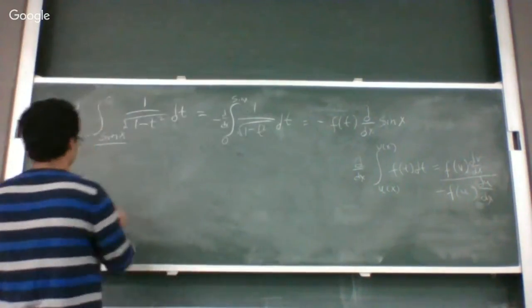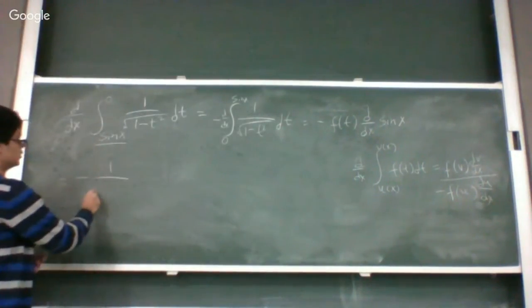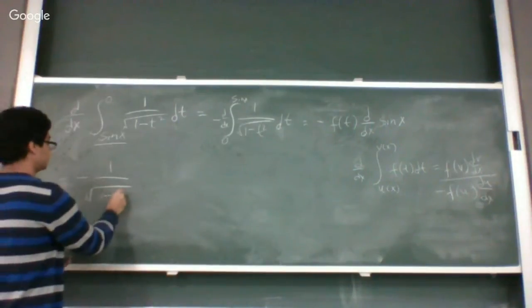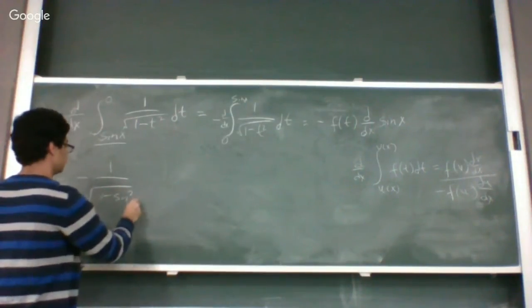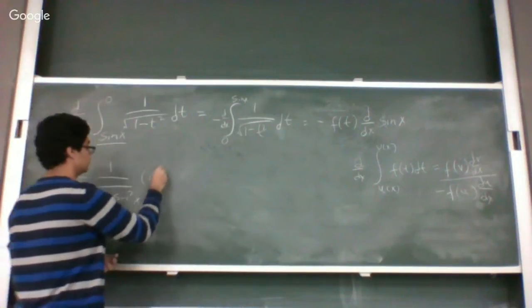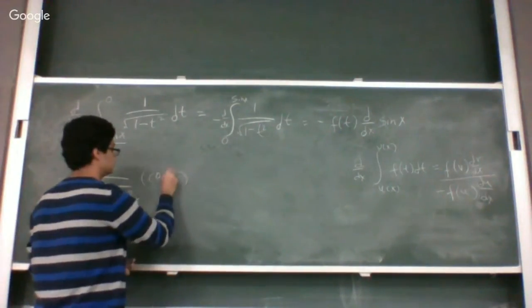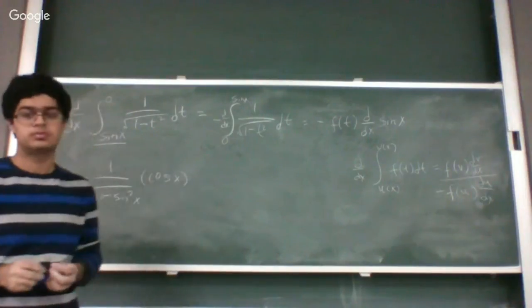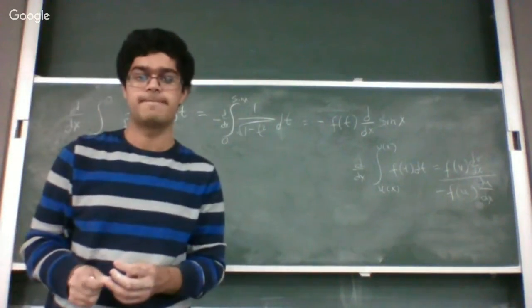So then we have 1 over the square root of 1 minus sine squared times the derivative of sine, which is cosine.